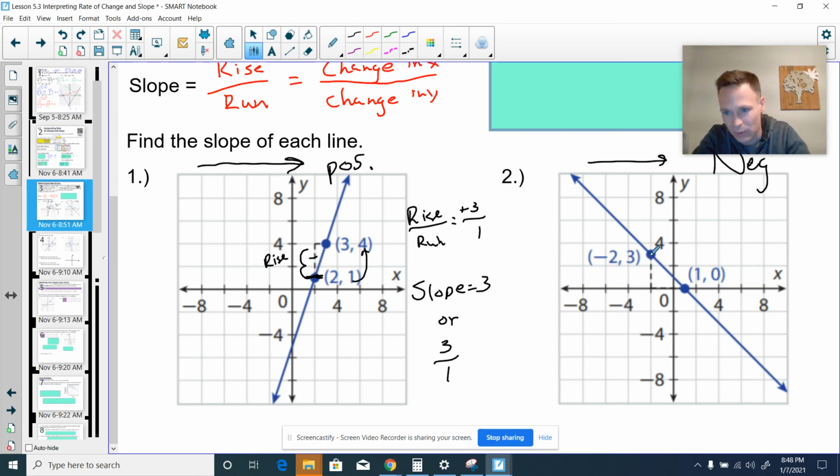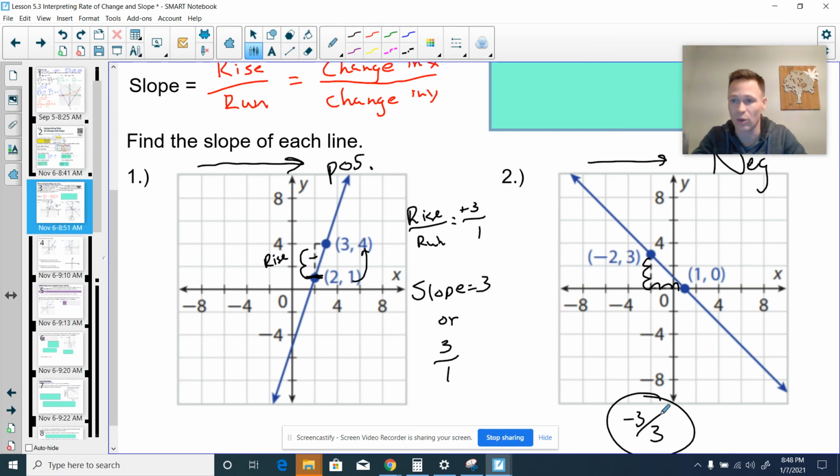So I'm going down 1, going down 2, going down 3. So this is a negative 3 rise over, and then how far do I run? I go 1, 2, 3, so negative 3 over 3. Now we always want to simplify our fractions. So if you leave it like this, you'll probably lose a half point on a quiz or a test. This is really negative 1, okay? So just make sure that you always simplify your fractions, okay?